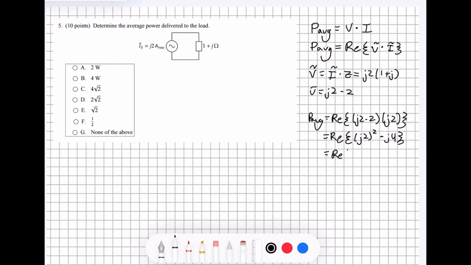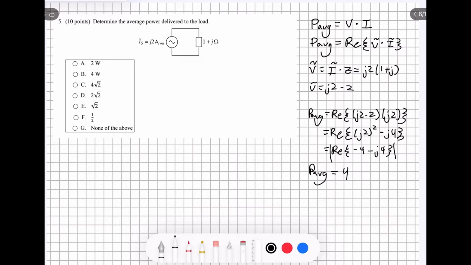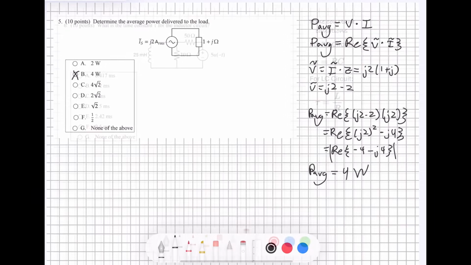And we know that this is equal to negative 4 minus J4. Now, if we only take the real part of that equation, we're also going to want to do an absolute value of this. If we only take the real part of that equation, we are going to neglect this J term over here, and we find that the value is going to be 4 watts. Looking back at our answer choices over here, this matches answer B.